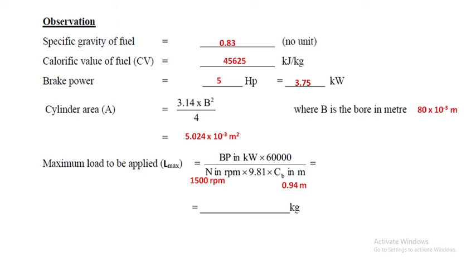The circumference of the brake drum we measured is 94 centimeter. Here we convert that into meter as 0.94 meter. Then finally we obtain the maximum load as 16.26 kg.